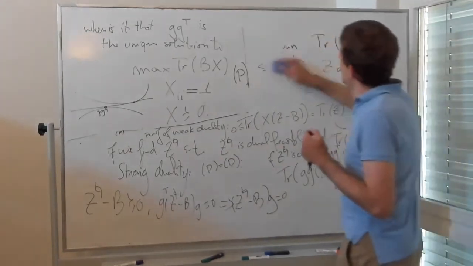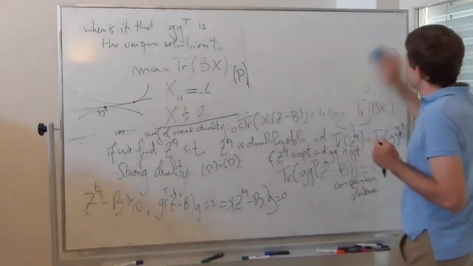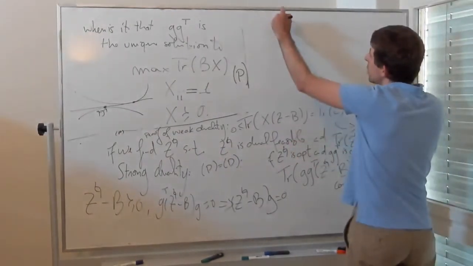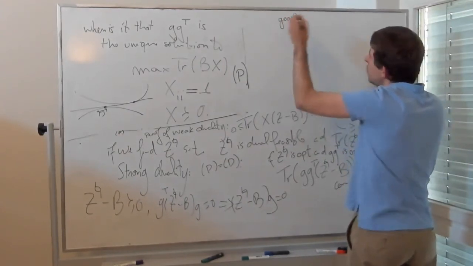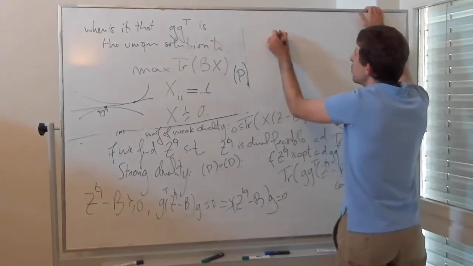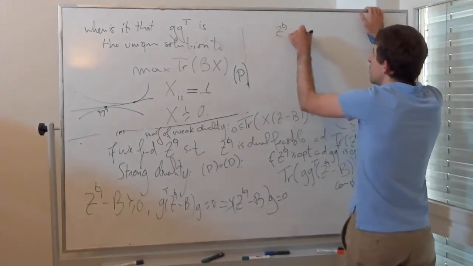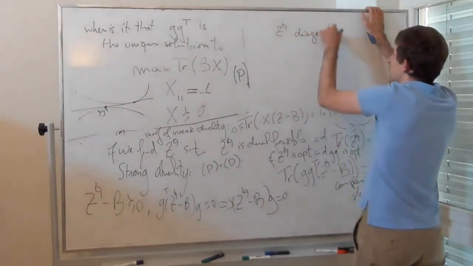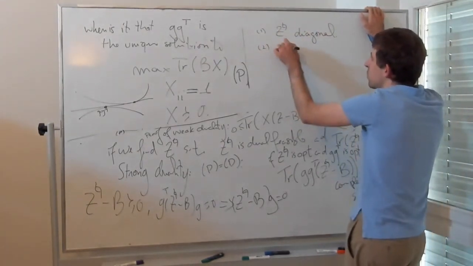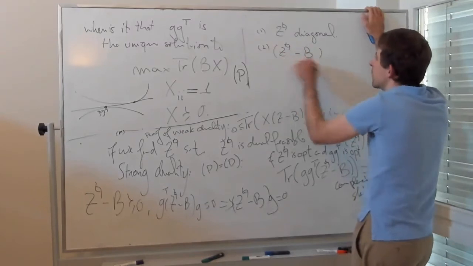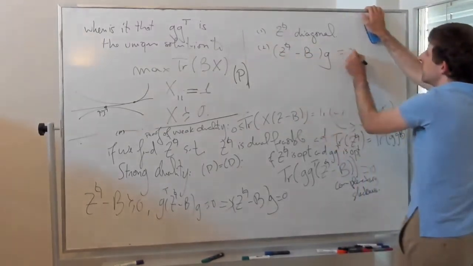What we need to do is look for Z natural that satisfies this. This gives us n constraints. We need to look for Z natural, diagonal, right? It needs to be diagonal, and needs to satisfy that (Z natural minus B) G is 0.